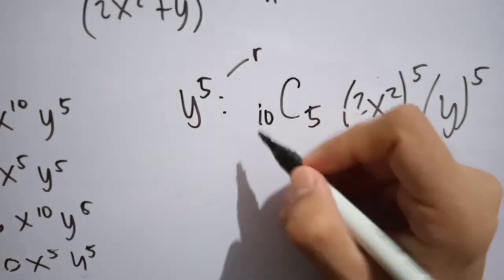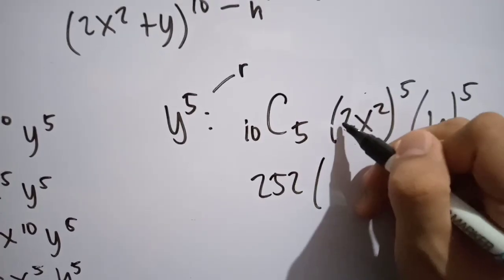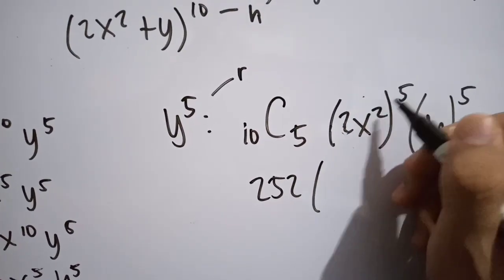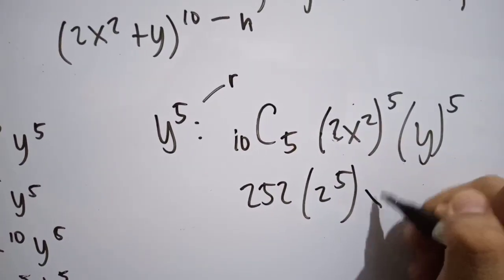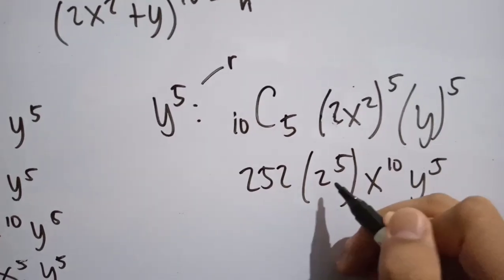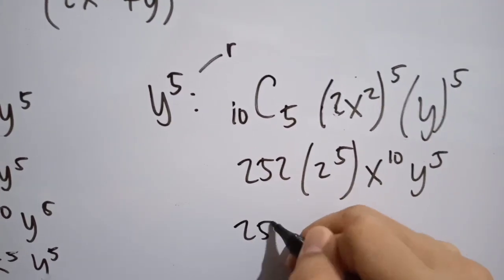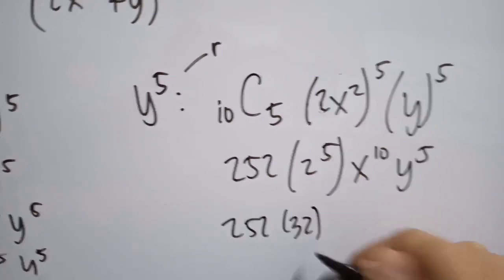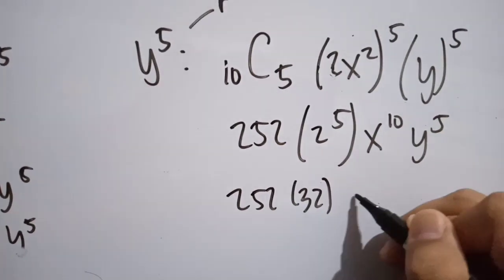So palitan mo to ng 252 times, ito i-raise mo sa 5, 2 raised to 5 times x raised to 10 y raised to 5. So ito magiging 2 raised to 5 is 32. So 252 times 32, compute mo sa calculator, magiging 8,064.